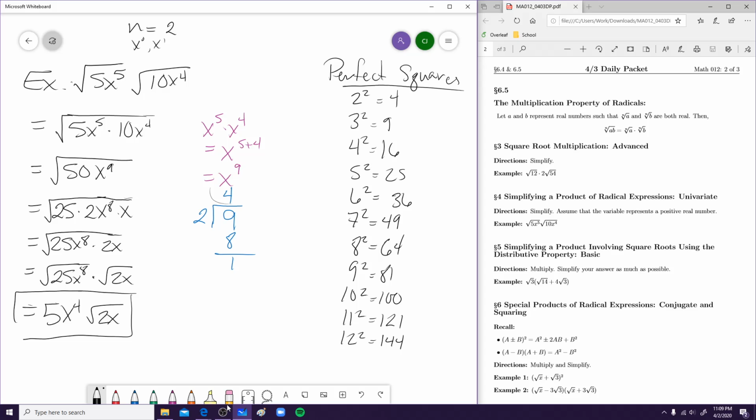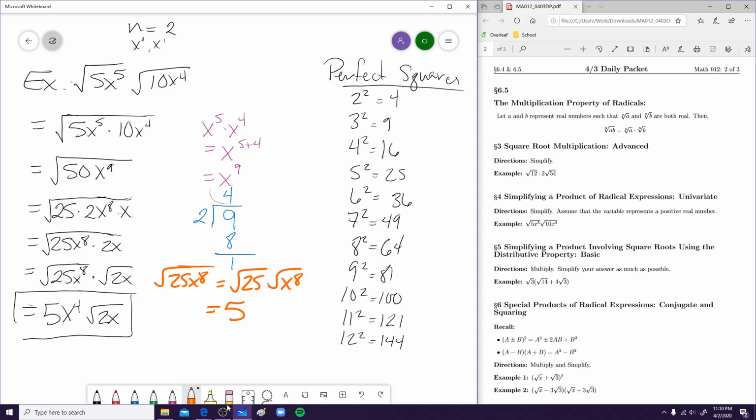So in case you got confused on how I got 5x to the 4th, let me bring another color into this picture, and I'm going to talk about the square root of 25x to the 8th. So using the multiplication property, this becomes the square root of 25 times the square root of x to the 8th. Square root of 25, so what squared is equal to 25, which is 5.